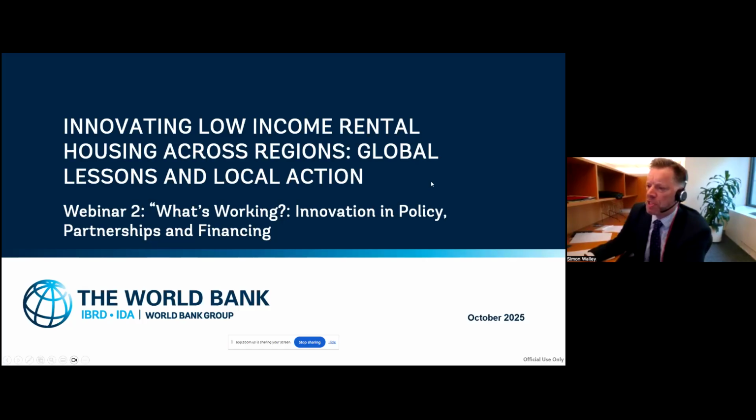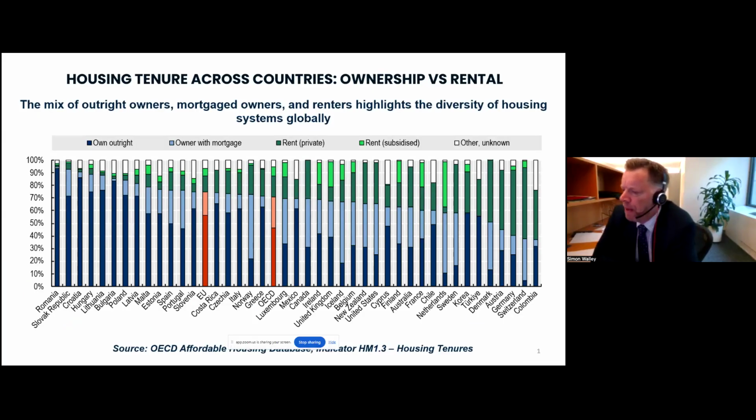So on the slides, the first one I've got, and often the difficulty with rental, particularly in emerging economies, is there's not an awful lot of data. The rental sector is often a grey sector. So it's difficult to know exactly the size of it or the volumes or the financial flows around it.